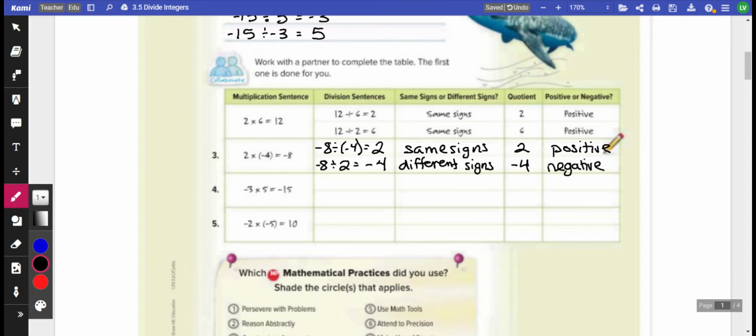All right, number 4. Negative 3 times 5 equals negative 15. So if I do negative 15 and divide it by 5, well, 15 divided by 5 gives me 3. A negative divided by a positive is a negative. So this has different signs.